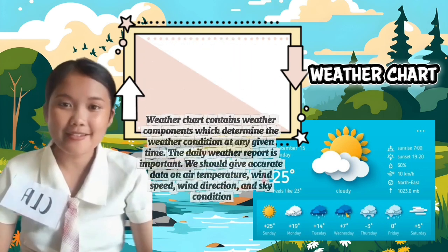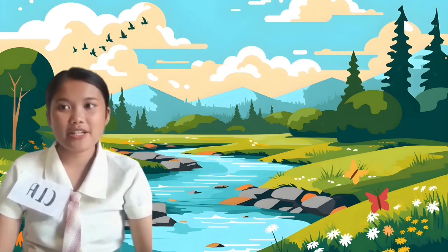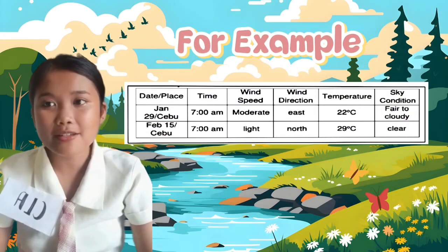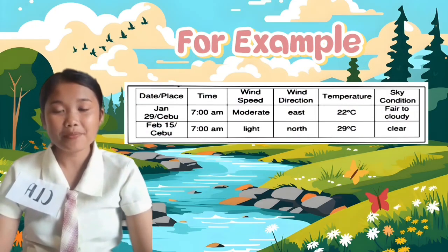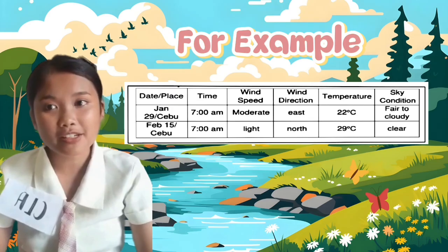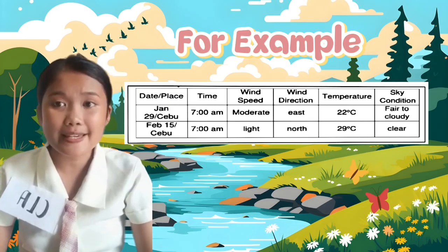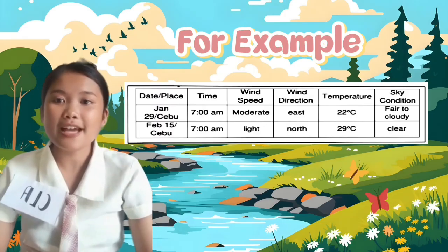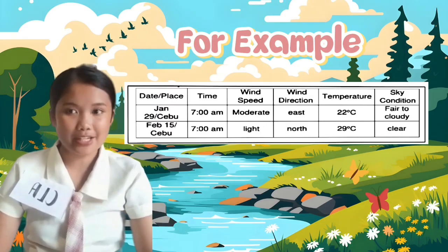So that is an example of a weather chart. For example, on January 29 at Cebu, 7 a.m., the wind speed is moderate and the wind direction is east. The temperature is 22 degrees Celsius and the sky condition is fair to cloudy.